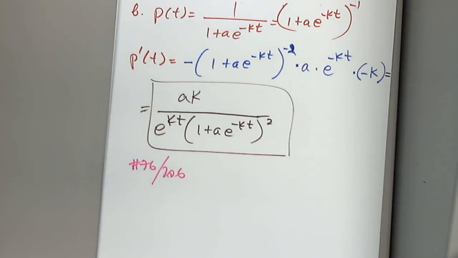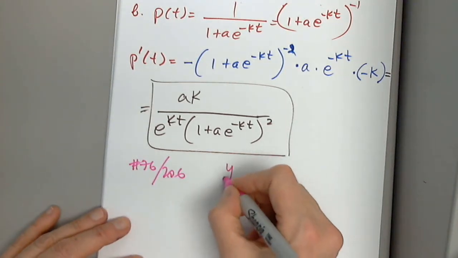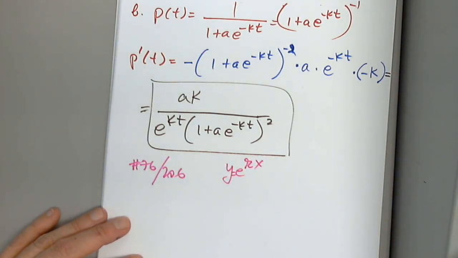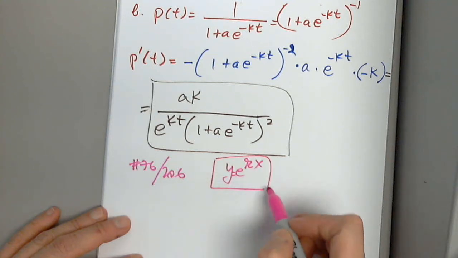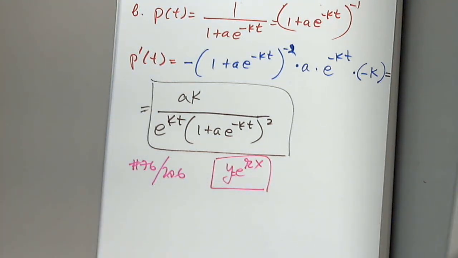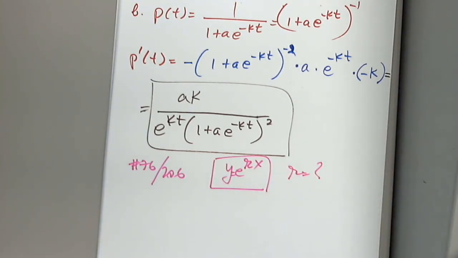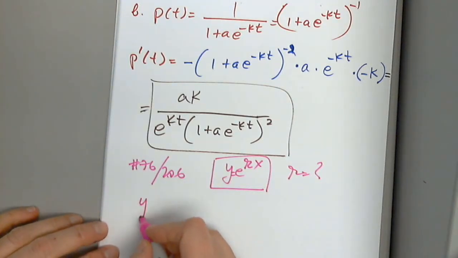Differential equations contain derivatives. So in short, we have a function e raised to rx. This is our function. Y equals e raised to rx. It says for what values of r, so we are asked to find r, does this function satisfy the differential equation?